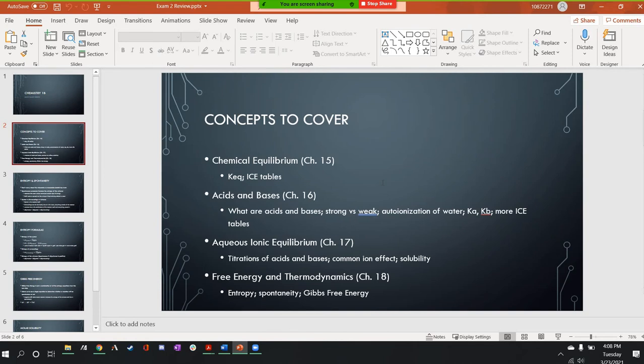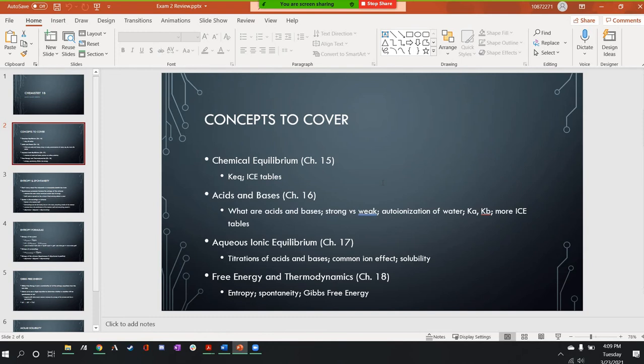Previously we had learned that things are categorized as soluble or insoluble, but now we look closer: it's not that straightforward. There's actually a number associated with it, and you can calculate just how soluble something truly is instead of just saying soluble versus insoluble.